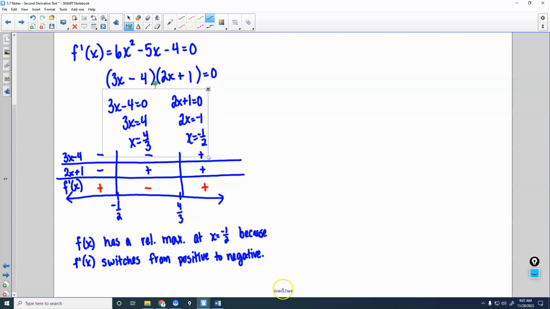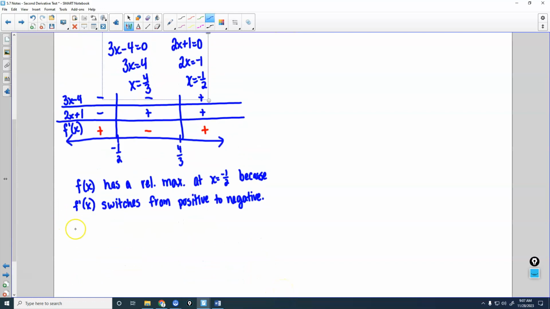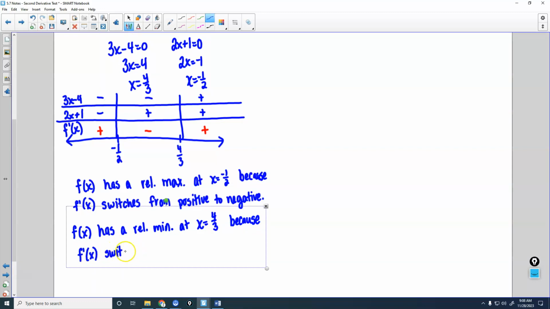And then you would also say f of x has a relative minimum at x equals 4/3 because f prime of x switches from negative to positive.